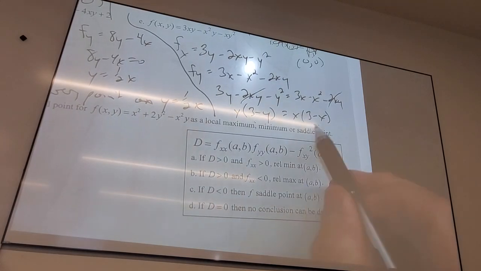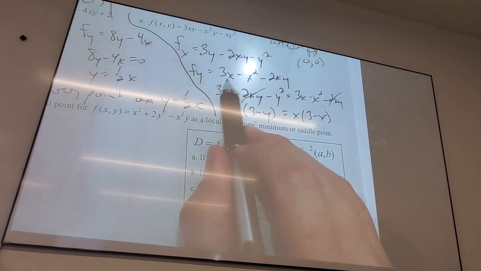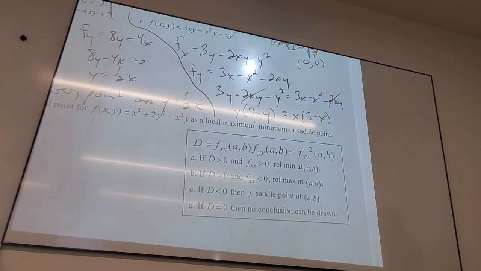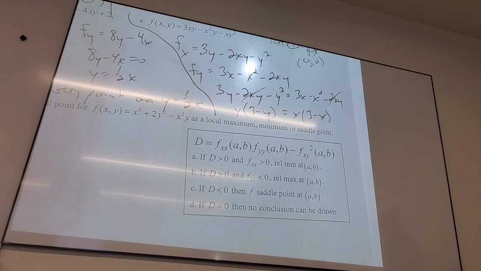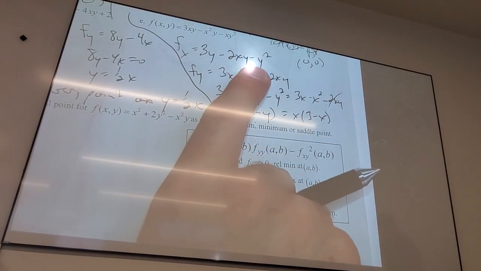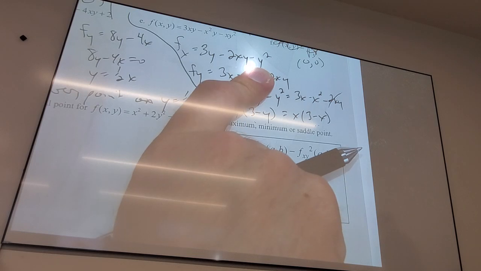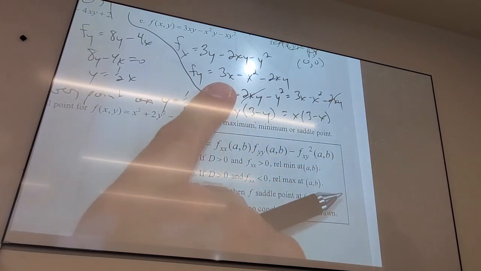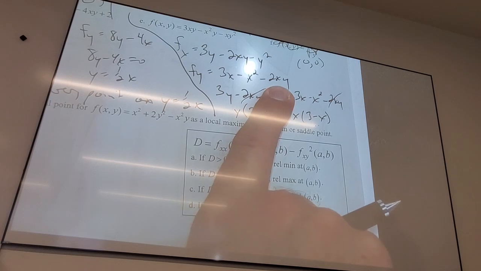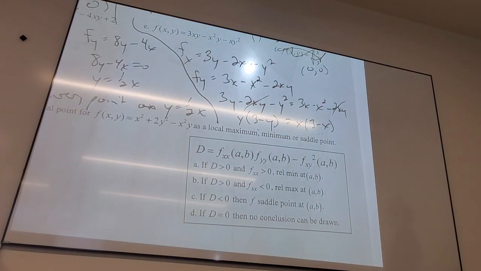Does the point 3, 3 make both of these 0? No. So you checked it out? Okay. Trust you guys. So 9 minus 18 minus 9. No good. 9 minus 9 minus 18. No good. Okay. I like it.